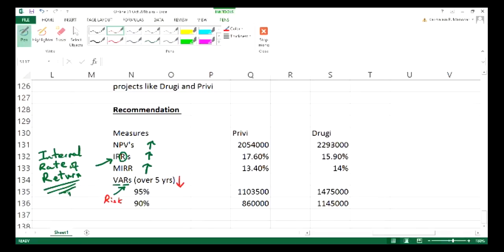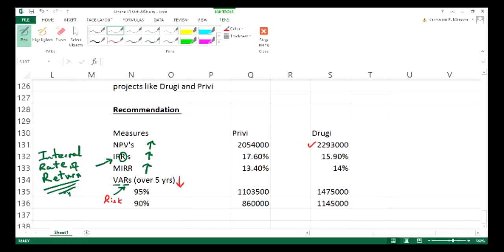So let's compare. Who has the higher NPV? 2054 versus 2293. Draghi wins on NPV. I keep saying Durgi, it's Draghi. That's why I didn't want to pronounce it earlier.